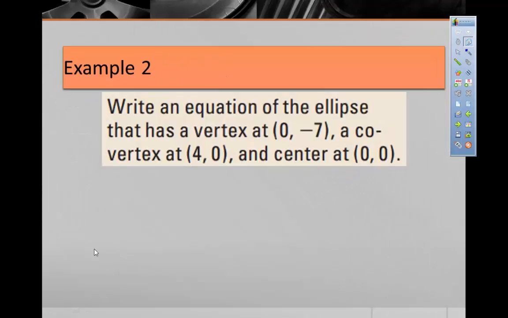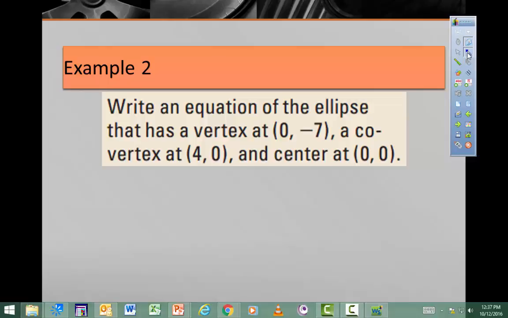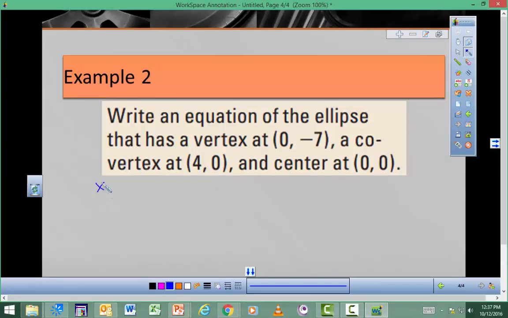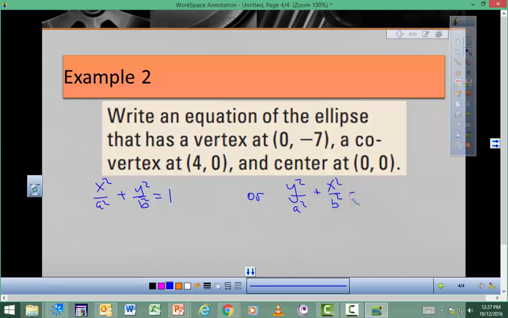Sometimes we have to come up with the equation. So, on these sorts of problems, they give you some information and they want you to come up with the equation. So I'm thinking, okay, if I have an equation, it's either x squared over a squared plus y squared over b squared equal to 1, or it's going to be like y squared over a squared plus x squared over b squared equal to 1.